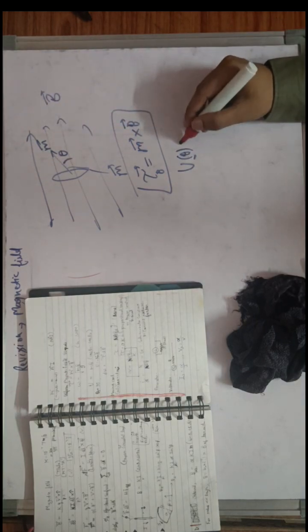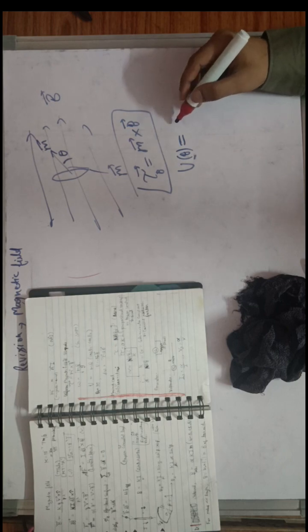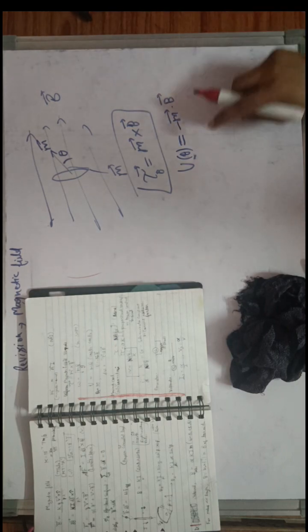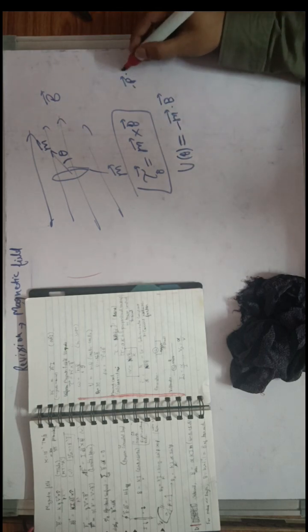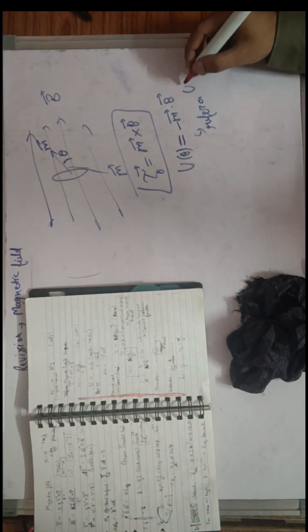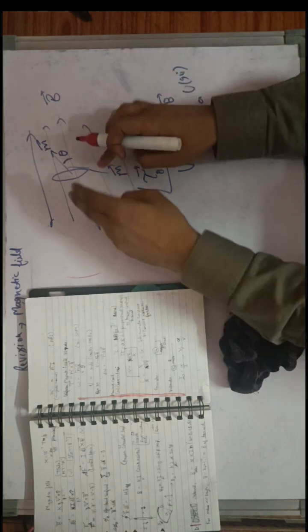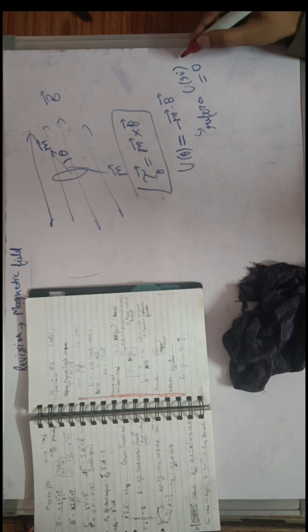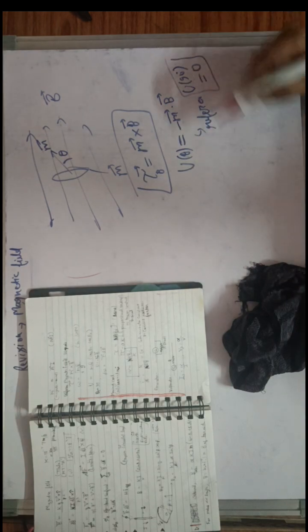Then the potential energy at any angle theta is given as minus M dot B, just like in the case of electric field we had the formula minus P dot E. And in this case there is a reference taken, that U at 90-degree angle, when this dipole moment is at 90 degrees with this magnetic field, is taken as 0. U at 90 degrees is equal to 0. This is the reference, and this is taken as the initial angle.